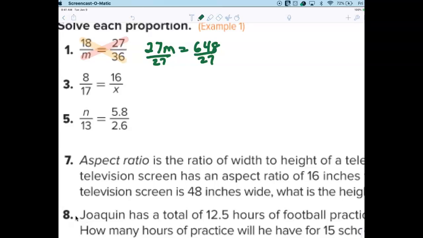And then I have m is equal to, what's 648 divided by 27? 24. Anybody else agree with m equals 24? Remember, don't let someone else tell you what the answer is. You do the work on your own.